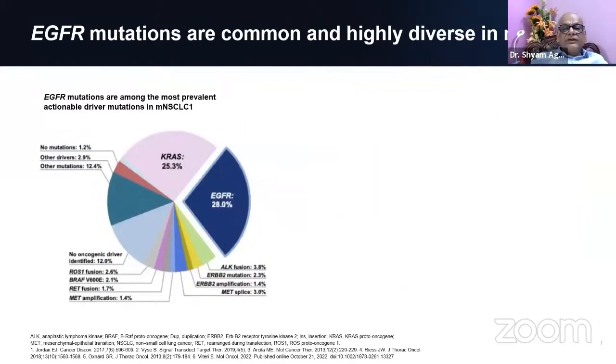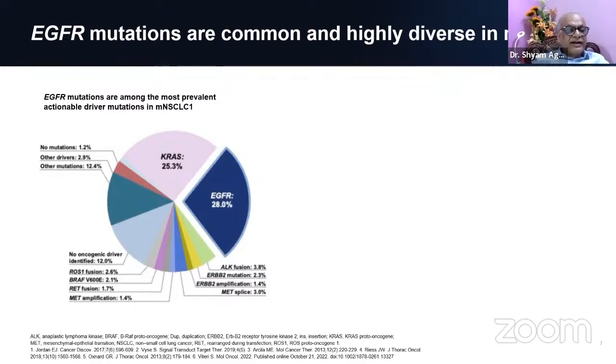So this is the story of EGFR mutations in patients with metastatic non-small cell lung cancer. As you can see, EGFR aberrations are seen in about 28%. This is a slide from the West, and we do see a higher number in our part of the world and in Japan, China, and Korea, etc. The other abnormalities are seen in KRAS, around 25%.